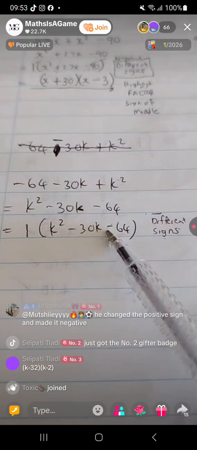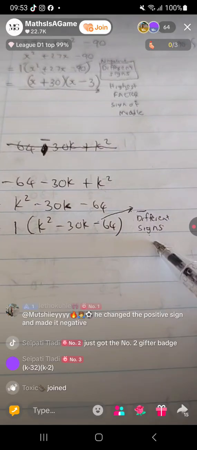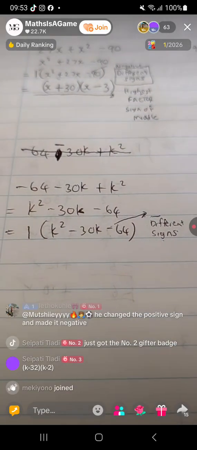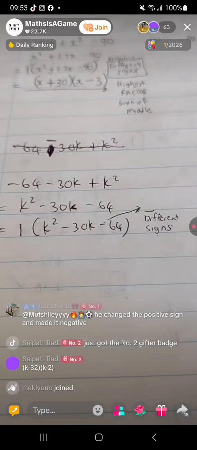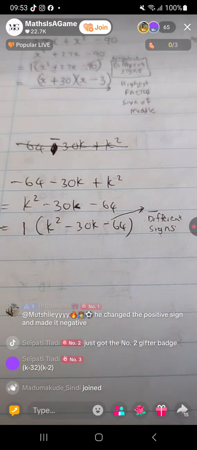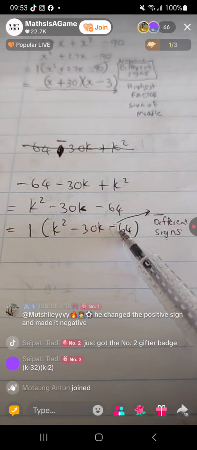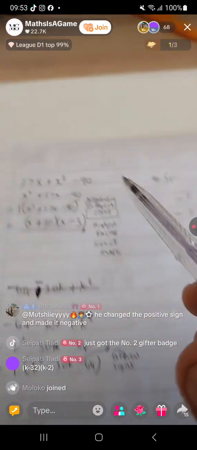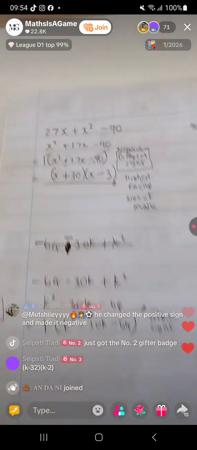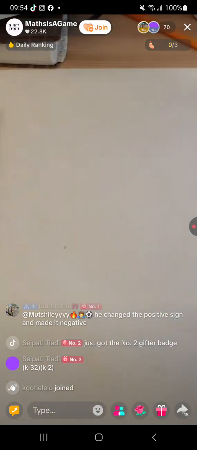The negative means different signs, not same signs, guys. I've been saying this. If you have same signs inside the bracket, you are saying that the negative sign for the constant means same signs, and I've been saying the negative sign for the constant means different signs.